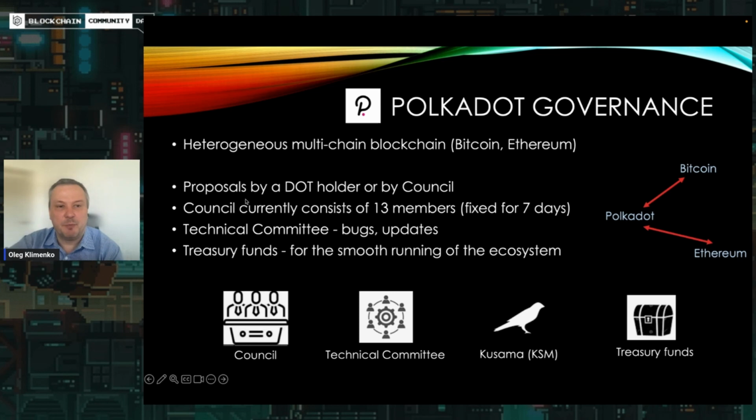It's responsible for proposals, and of course, only quite rich participants could be members of this council. The council is re-elected every 7 days, consisting of 13 members. The Polkadot ecosystem also has a technical committee. It's the team responsible for bug fixing, for updates, for rollouts, and Polkadot also has treasury funds to make everything run smoothly.